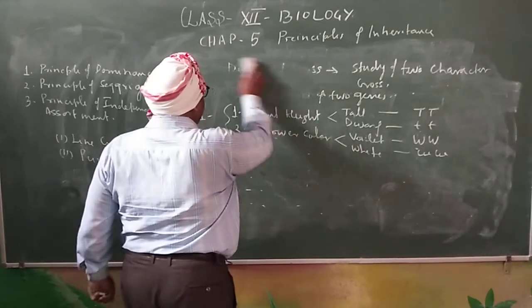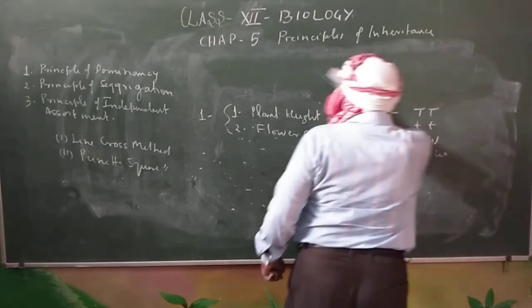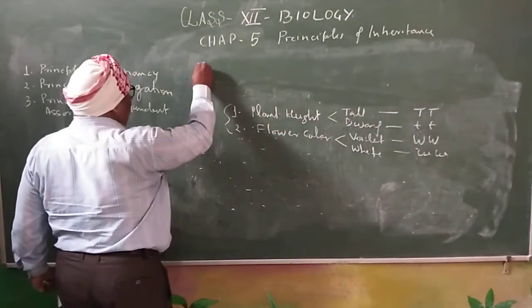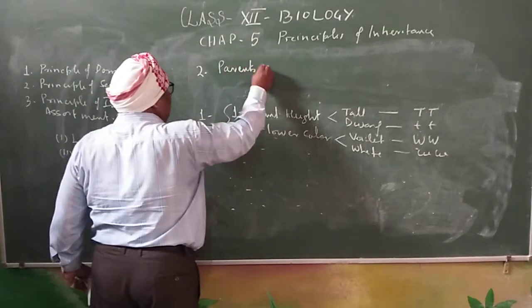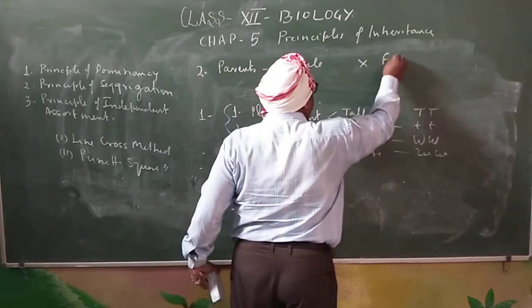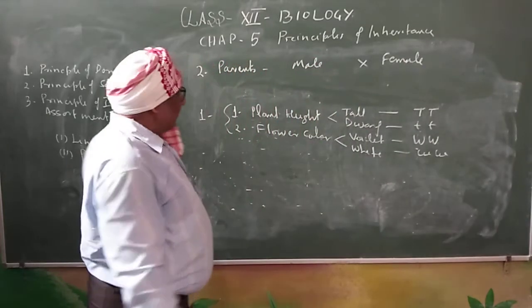Now what is there in this cross? Just to see. Now these two characters, it is point number 1 and point number 2, comes to what are the parents. Now here male parent is crossed with the female. We have to show parents clearly.